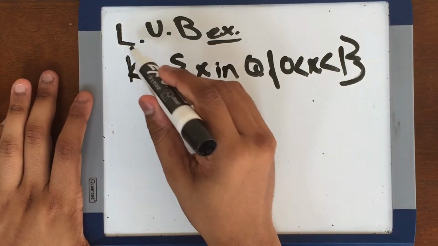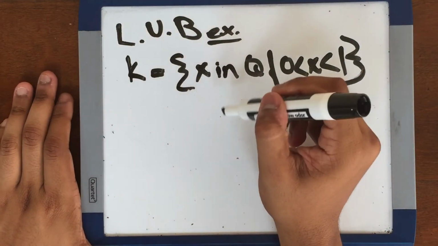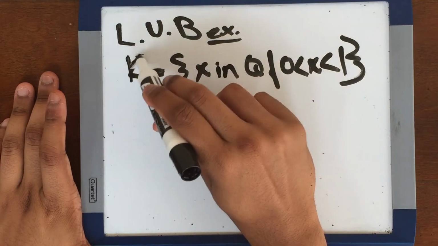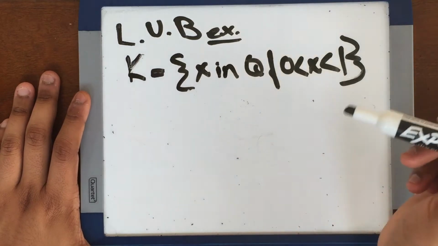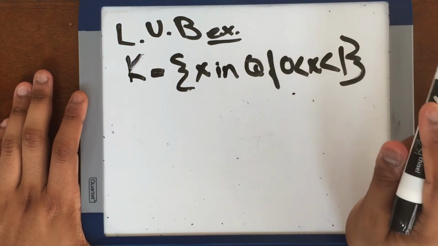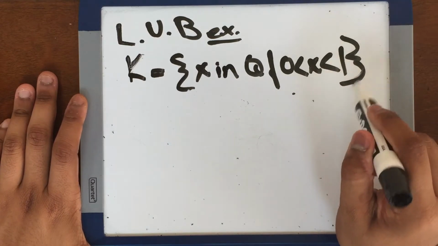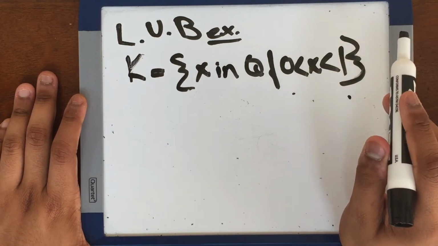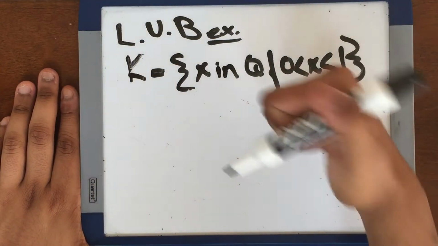So let's find an example of a least upper bound. We've constructed here a set K such that K is equal to all X in Q that are greater than 0 and less than 1. To prove that 1 is our least upper bound, we'll prove it by contradiction.